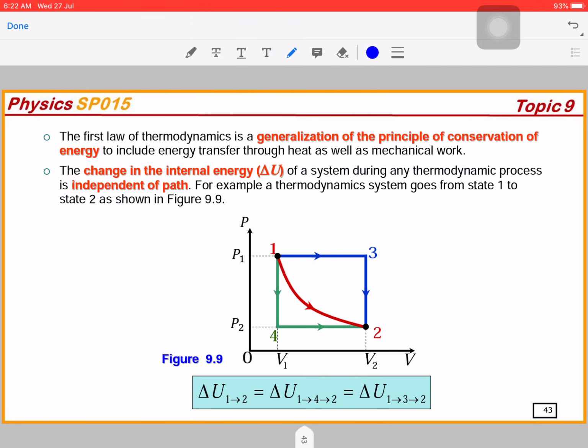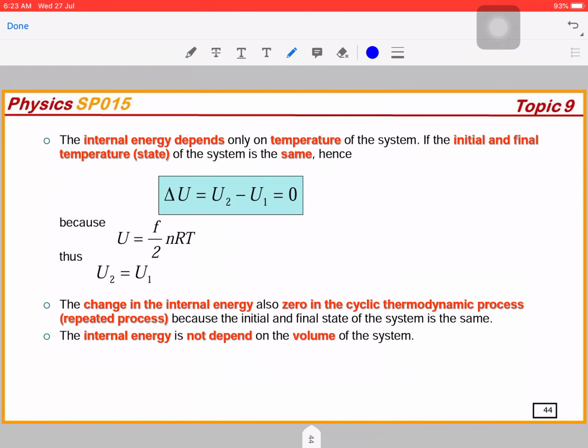If it follows the red path, delta U for 1 to 2 equals delta U for 1 to 4 to 2, the green path, which equals delta U for 1 to 3 to 2, the blue path. This is the initial position and this is the final. Even though it uses a different path, you will have the same change in U.